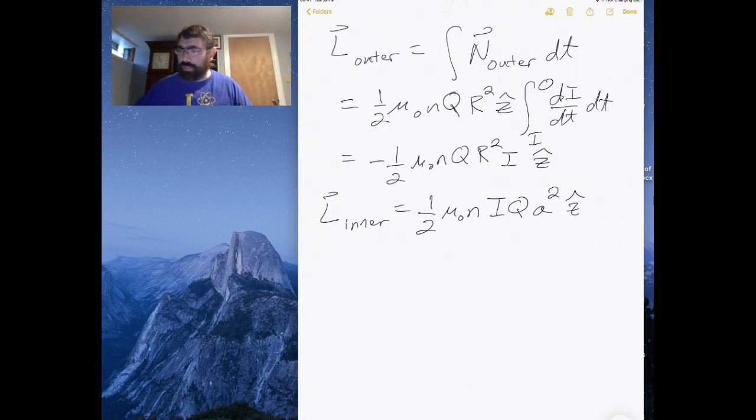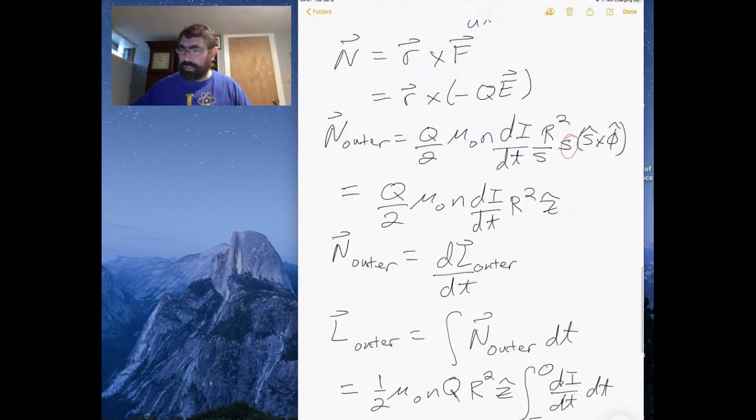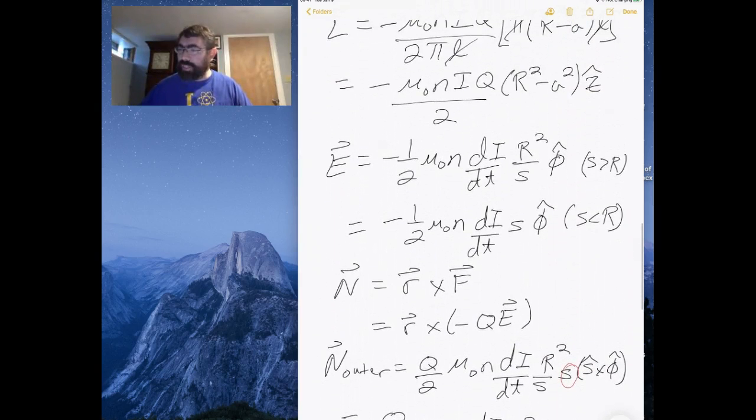So if we look back on this, what we had for the fields, I have here an S, and if I'm calculating the torque as basically R crossed the force, and the force is linearly proportional to E, then it's basically just S times S, I would get S squared.